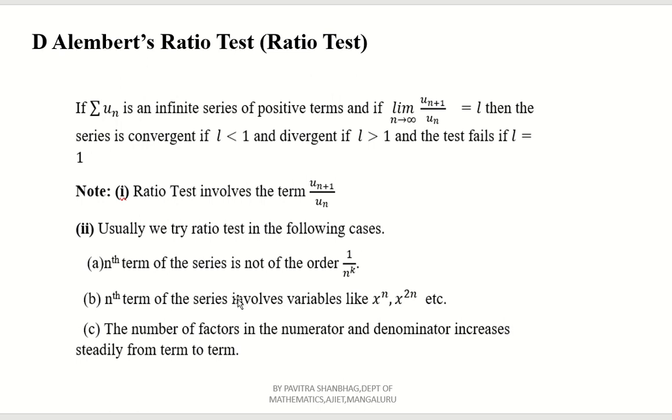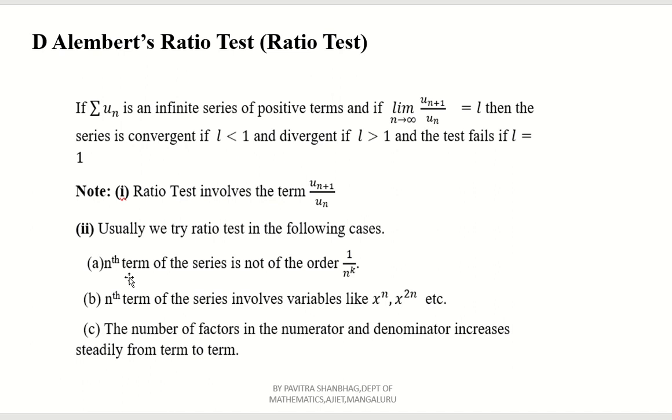And for terms including x power n, x power 2n, x power 3n and so on, we apply the same ratio test. And last, the number of factors in the numerator and denominator keeps increasing from one term to the next.